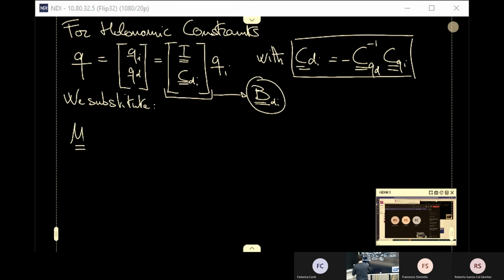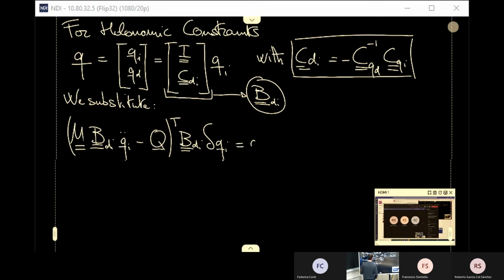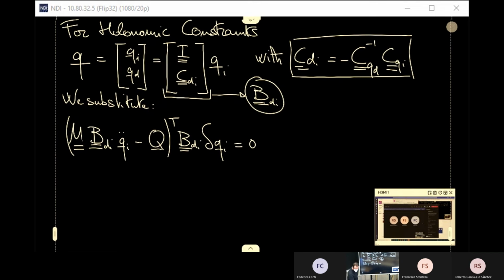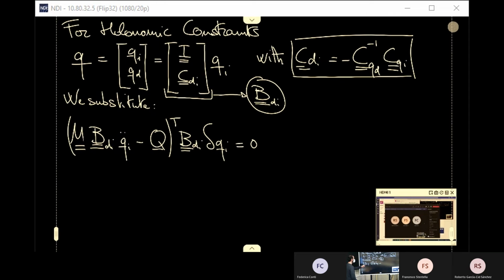And so we basically said this is M B_di q_i double dot minus Q, all of this being transposed, and then again, right. So basically what we did was to do nothing else than a substitution, and as you can see now, we were able to rewrite everything just in terms of the independent coordinates.